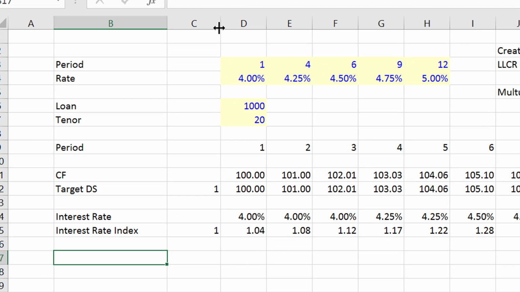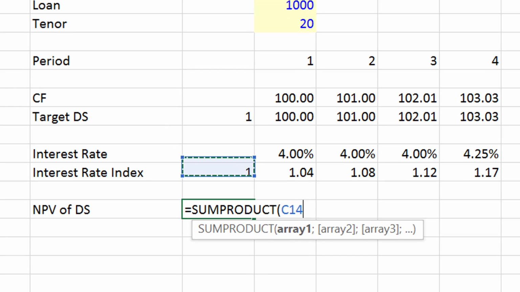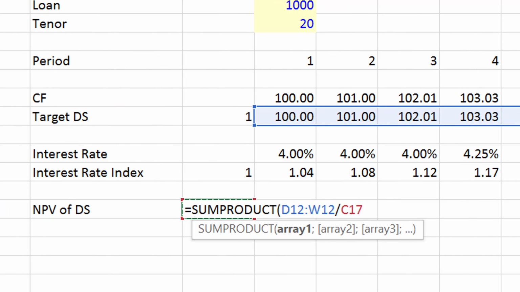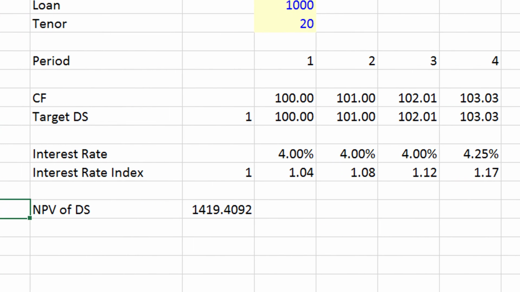And then we put our NPV of the DS, okay, and that's equal to sumproduct. Okay, that's what I keep saying. And then we divide that by this interest rate index. This one you can't use the entire line for, and that's our debt.